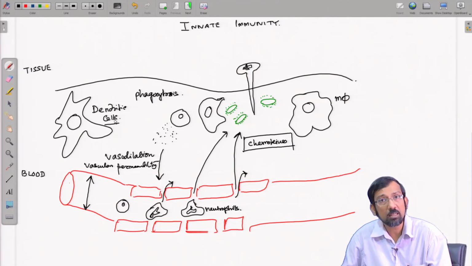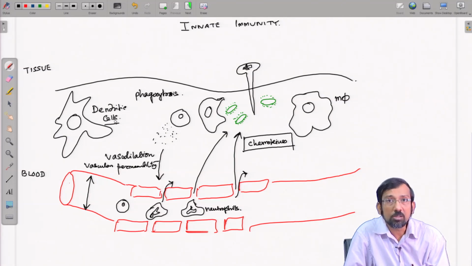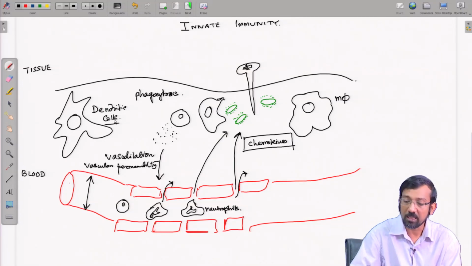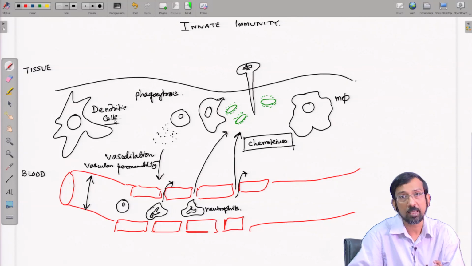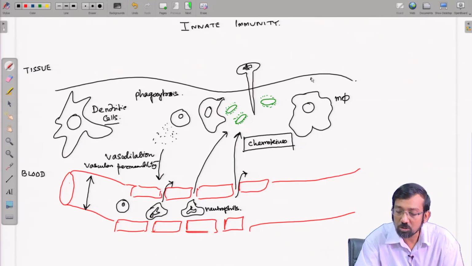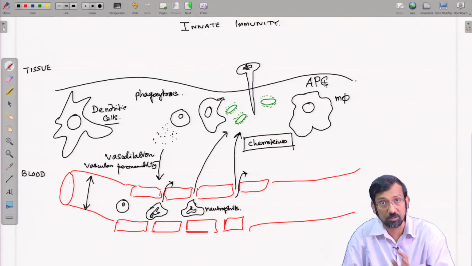The dendritic cells are actually one of the major cells that connect the innate system to the adaptive system, and the macrophages as well. So, these cells, primarily the dendritic cells and the macrophages, are also known as the APC, or the antigen presenting cells. So, they present the antigens.